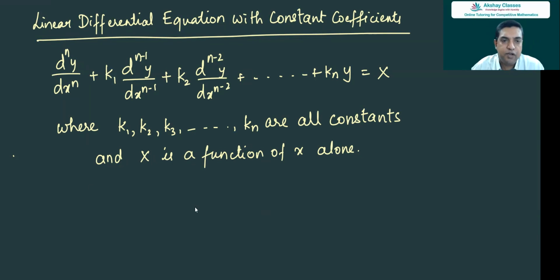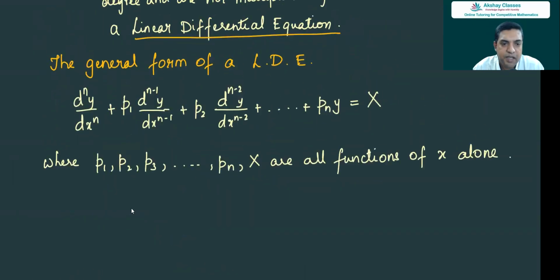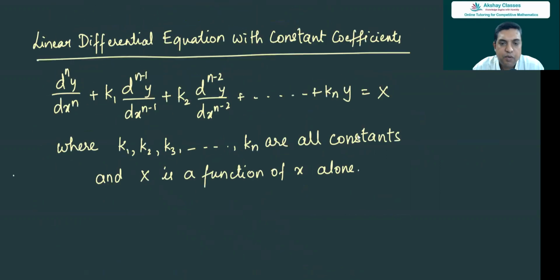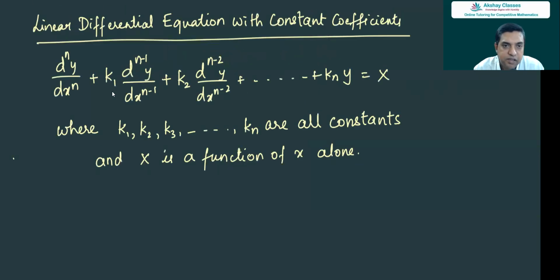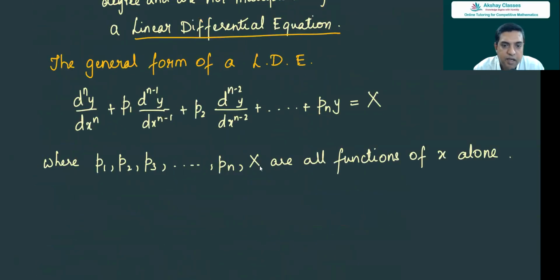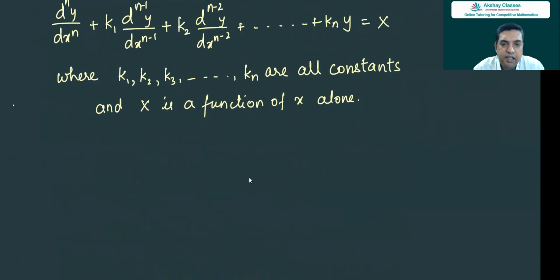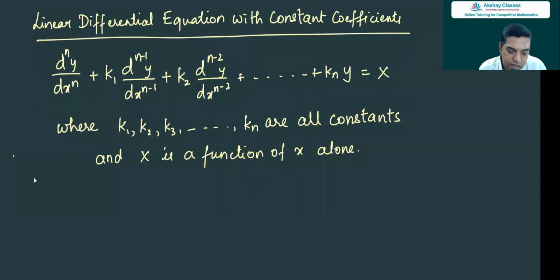So if instead of these p's we get k1, k2, k3 that are all constants, then it is called a differential equation with constant coefficients. All right. Now, this is called homogeneous.